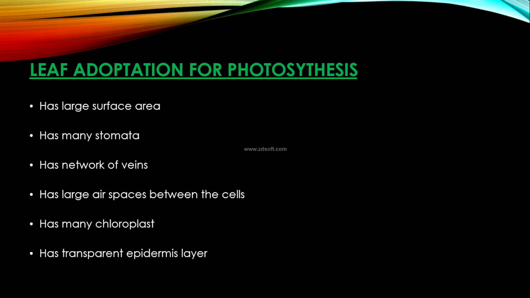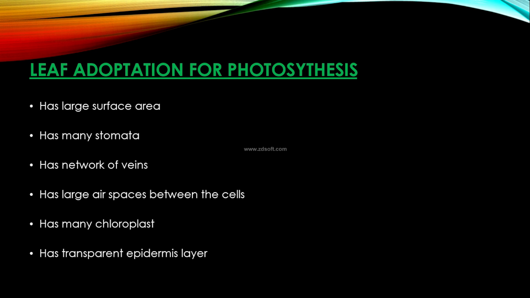So when the surface area of a leaf is small, it simply means it also absorbs light in small quantity. And when the leaf has fewer stomata, it also means that it allows less carbon dioxide to enter the leaf from the air. When the leaf has less of a network of veins, it means it also carries water, minerals, and food in less quantity.